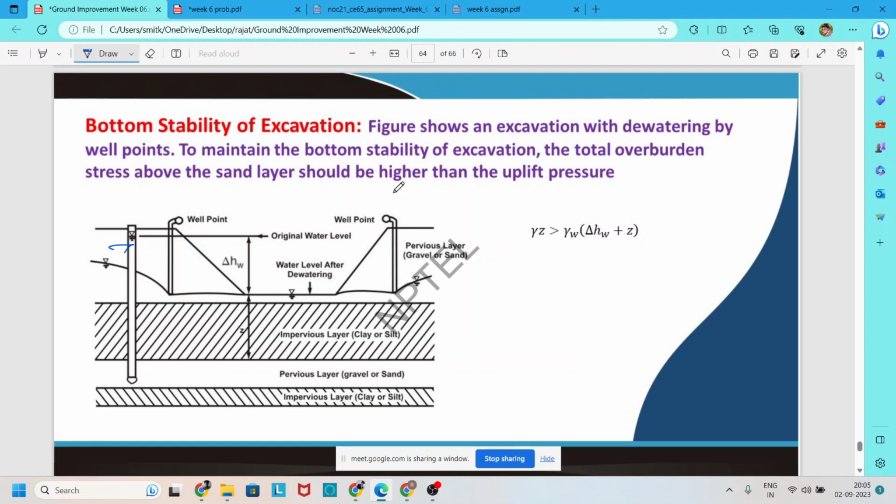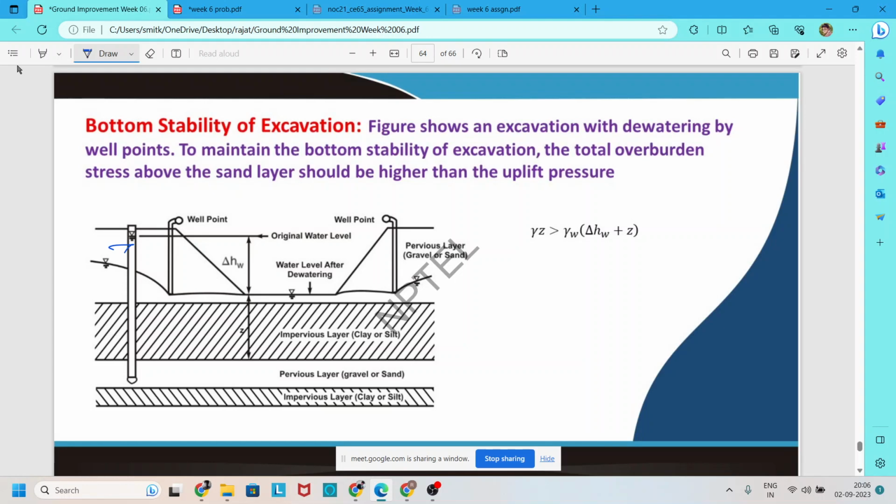So we have to arrange in such a way that the overburden pressure above the excavation should be higher than the uplift pressure, because if it is less, the below surface of the excavation may burst or be damaged, which creates some detrimental effect at the construction site.